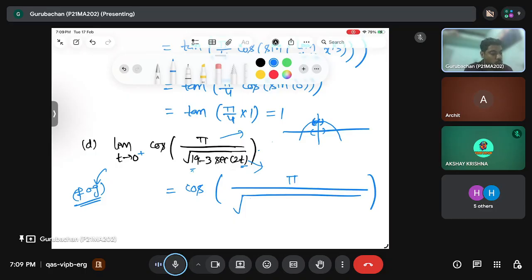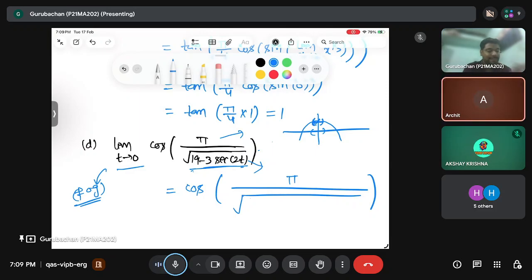Yes, sir. In the whole scenario, will this whole quantity be positive or negative? Sir, positive. 15.9999 something. Okay, positive. So that means t tends to 0. Is it a valid point to discuss? Yes, sir, valid.